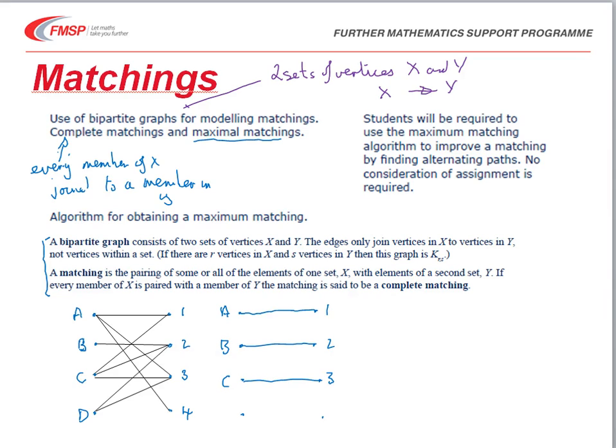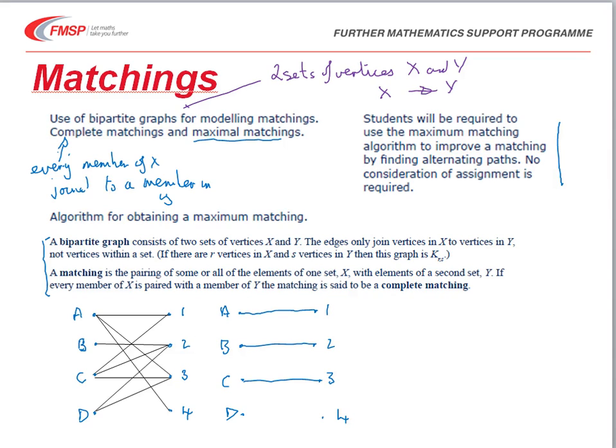Now, of course, that leaves D not being able to do anything, because D really wants to do either task 3 or 2, and 4 needs to be done by somebody else. The specification then says that you should be able to use the maximal matching algorithm to improve matchings by finding alternating paths.